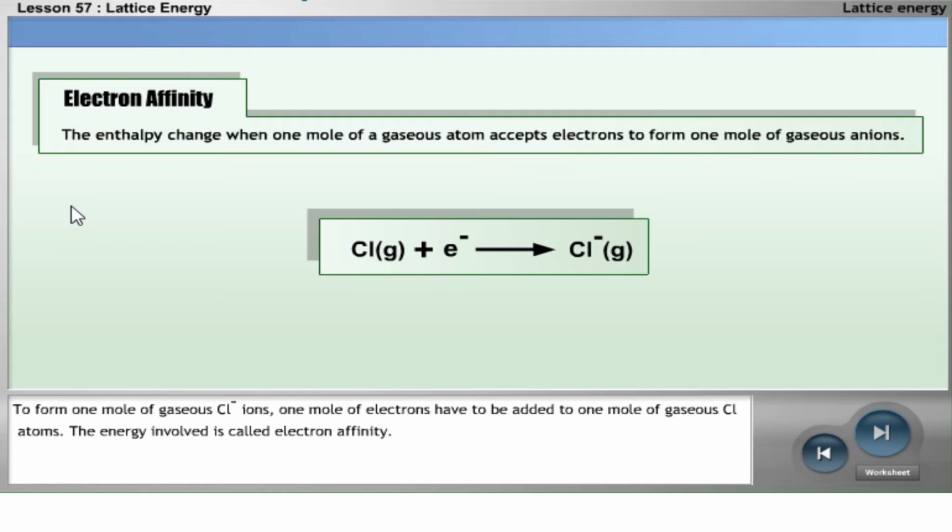Electron affinity we can define as the enthalpy change when 1 mole of gaseous atoms accepts electrons to form 1 mole of gaseous anions. You can see here chlorine gas accepts 1 electron to form a chloride ion.